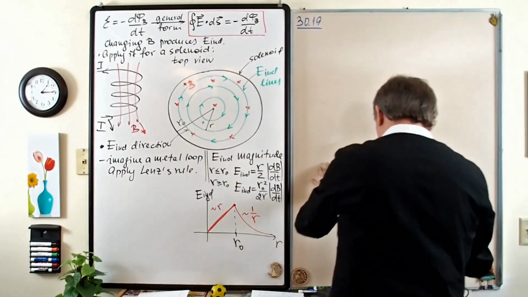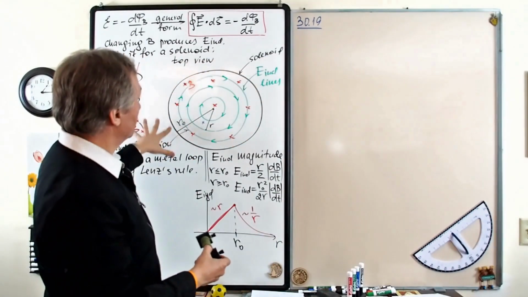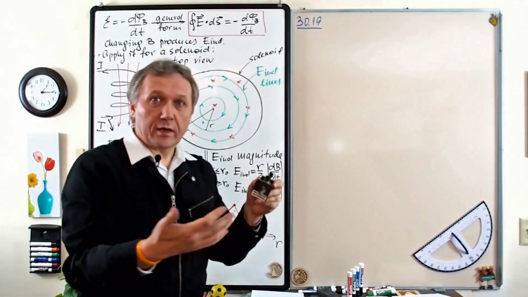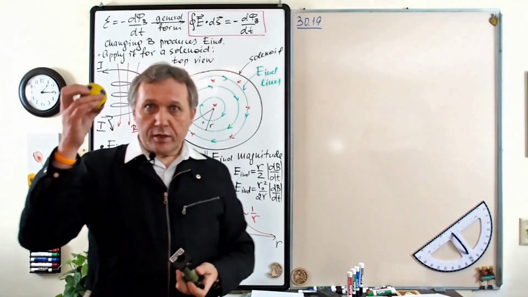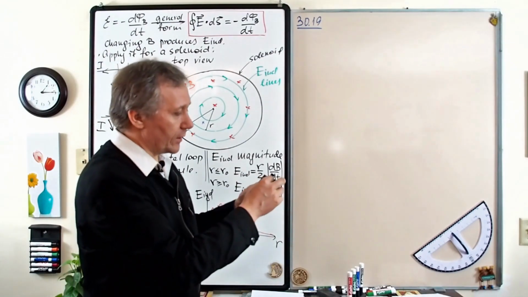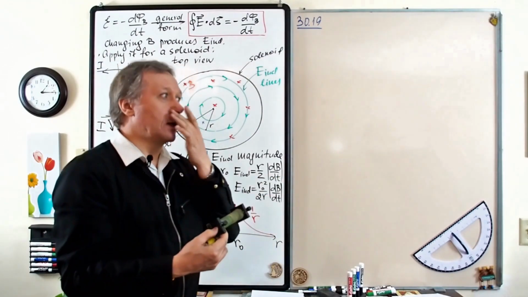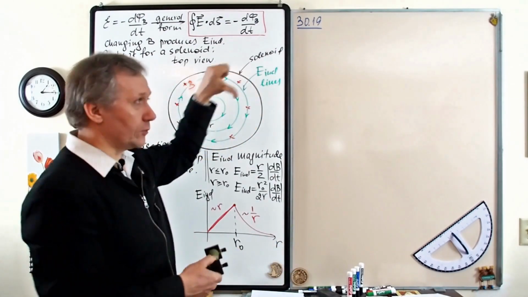So what do we have in this problem? We have a solenoid, which gives us a uniform magnetic field. We have information about the solenoid: the radius is given, how fast the magnetic field changes, and actually the magnetic field will go down.